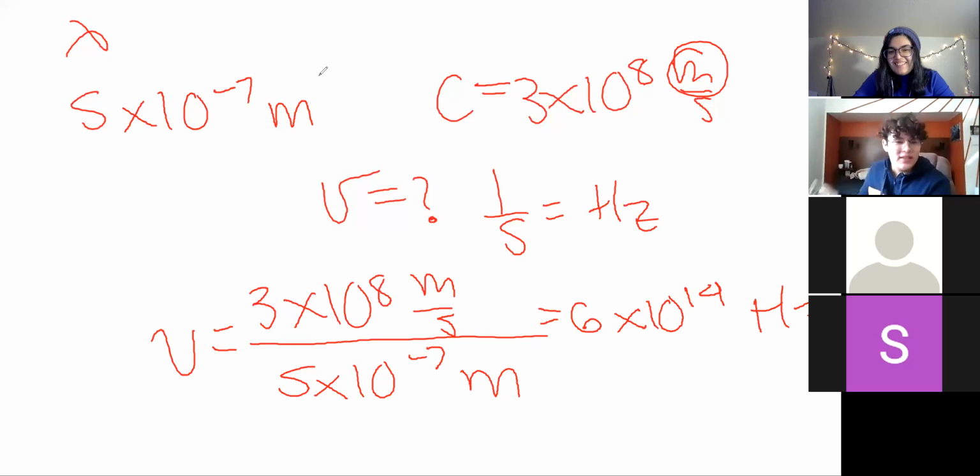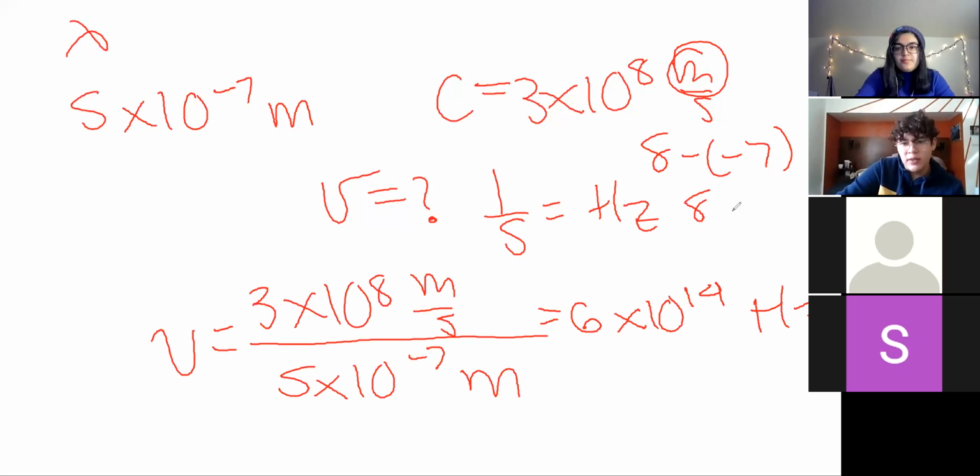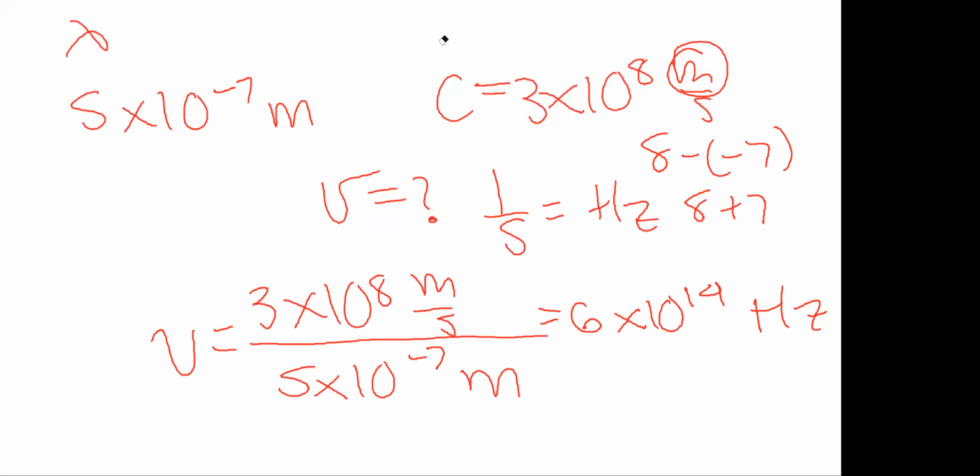So when you're dividing exponents, you subtract them, right? So 8 minus negative 7 is the same thing as 8 plus 7, right? So what is 8 plus 7? 15, right?